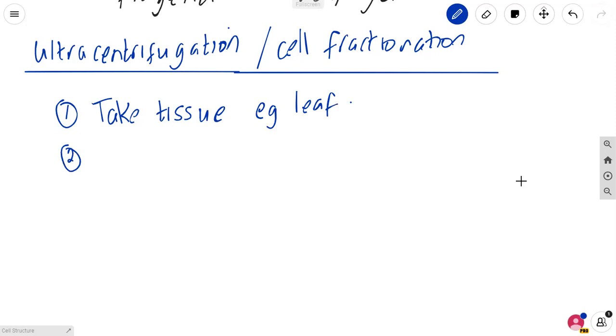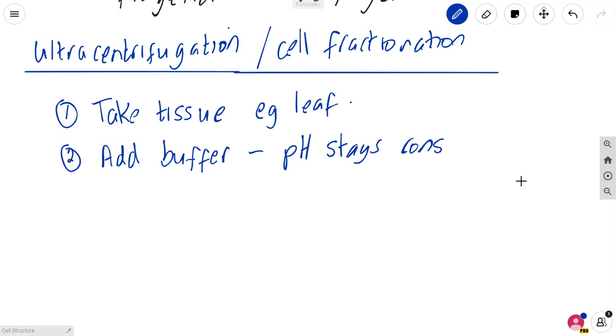You're then going to add buffer. Now your buffer has to have 3 things. The first thing is the idea that the pH is constant. The reason the pH wants to stay constant is to prevent proteins denaturing.